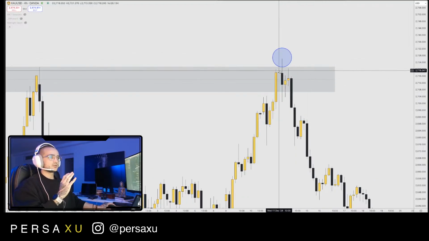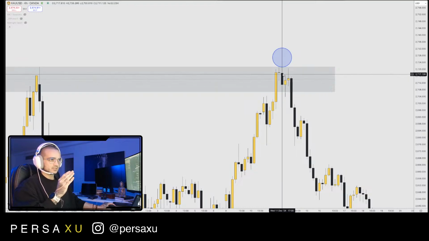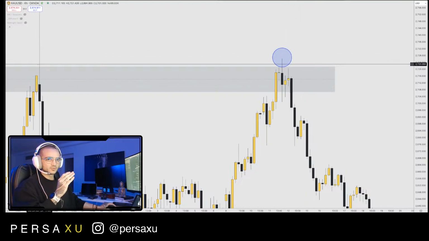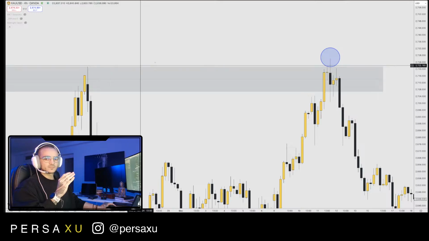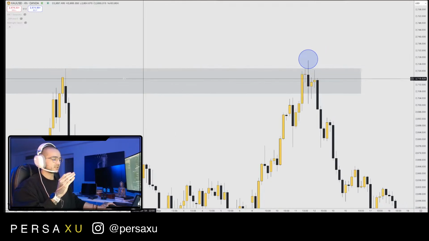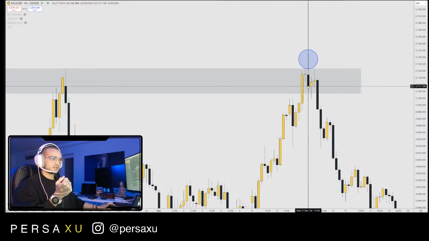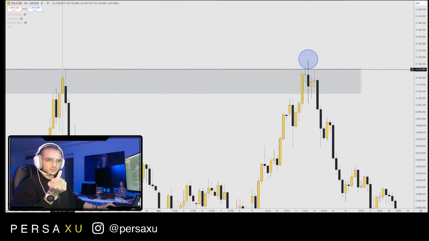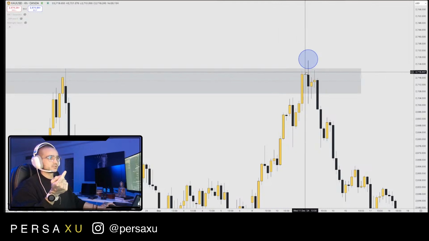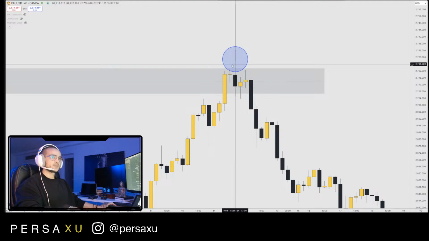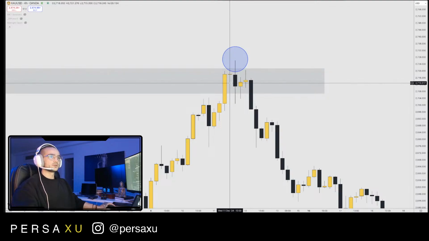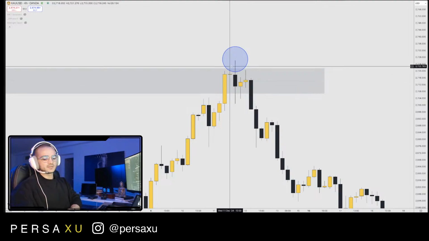But before going there, notice that that same candle did not close above the wick of this one. Okay, it did not close above the wick of that one. It closed below it. It not only closed below the level of this wick, it closed below this candle right here. You see that? Below the low of this candle and the body of that candle.